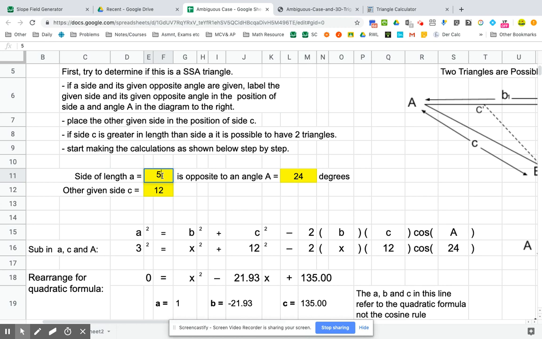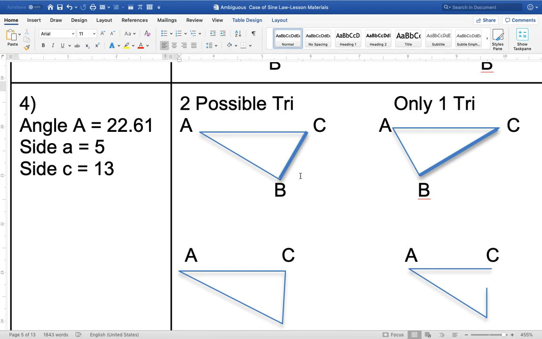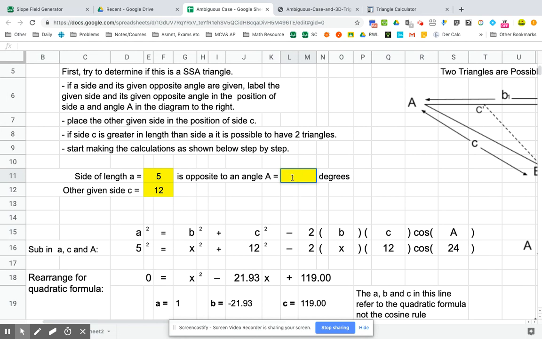That's 5. 12 is the side, and the angle is, let's go back, the angle is 22.61 on, whoops, that's actually 13. 22.61. Enter.